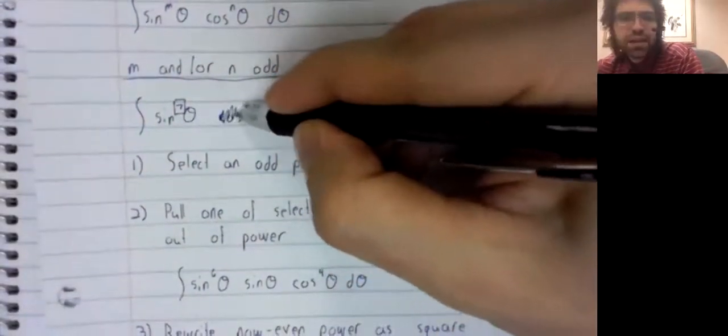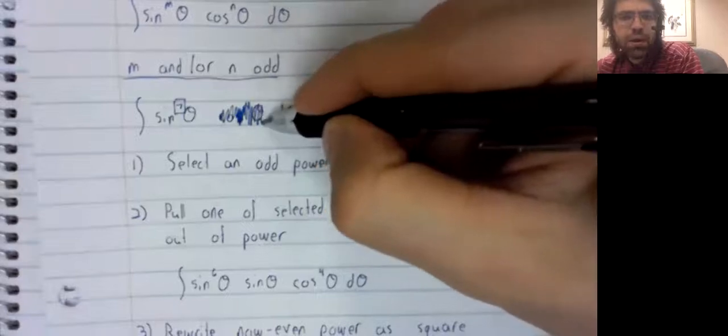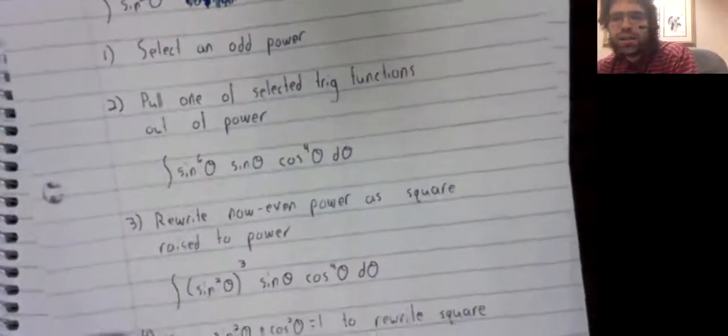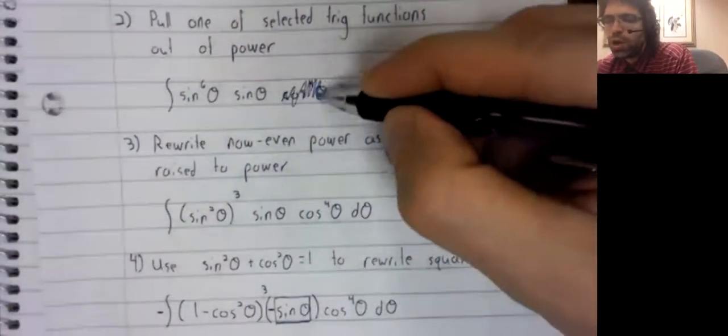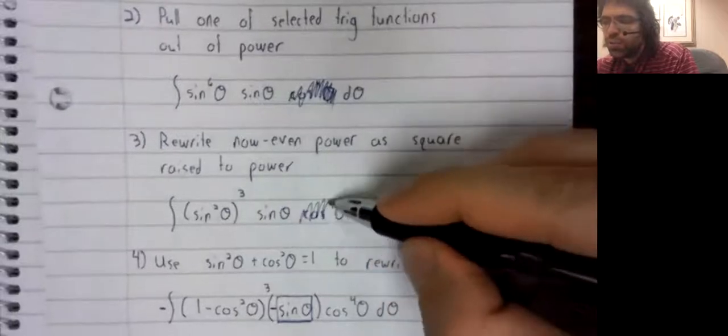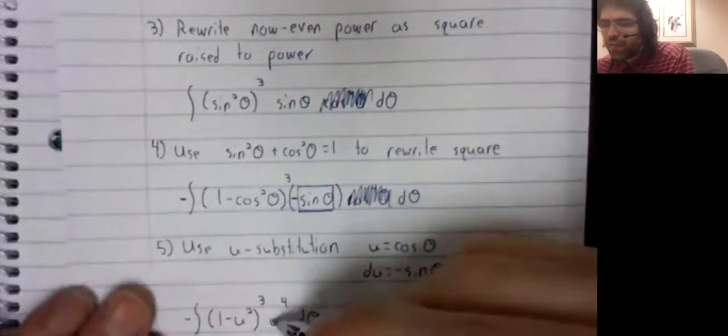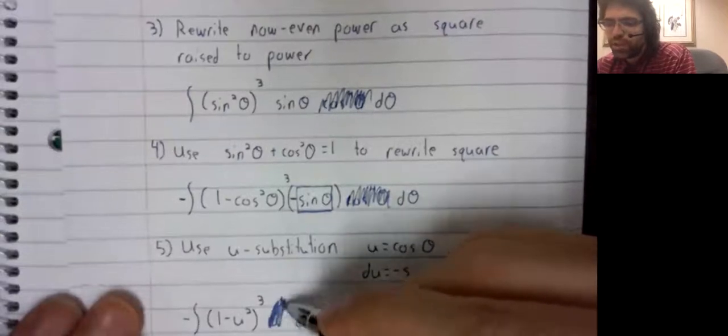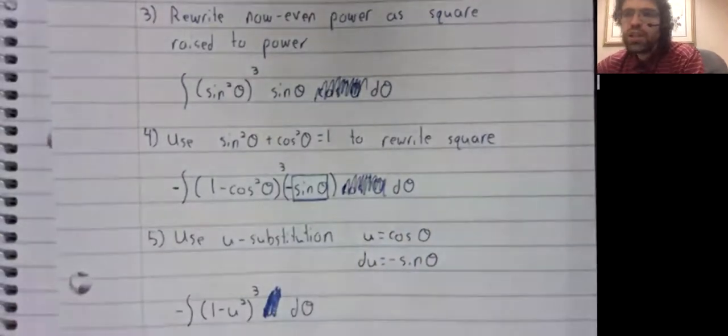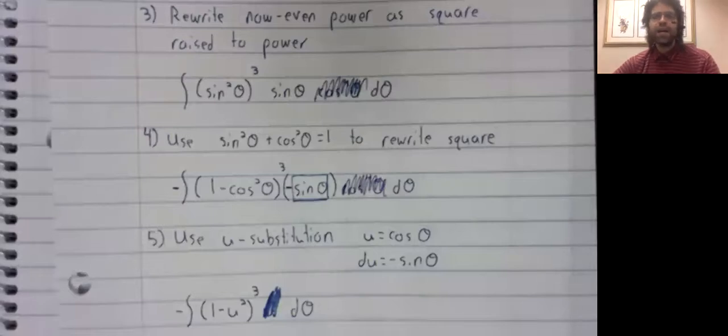If we hadn't had a power of cosine, this whole process would still have worked. So we don't need powers of sine and powers of cosine if we just have an odd power of the sine, or we just have an odd power of the cosine.